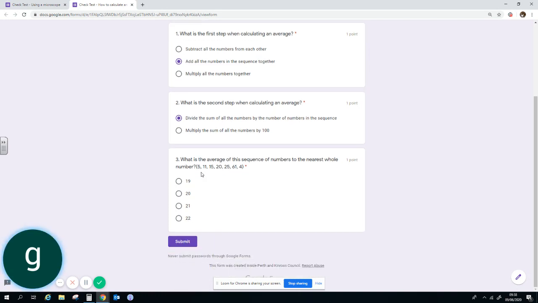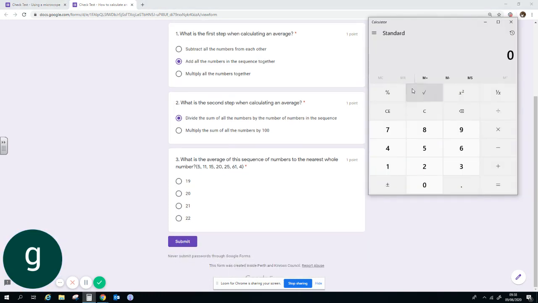So it then gives you an answer, and let's work this through. So it says you've got 5, 11, 15, 20, 25, 61, and 4. So 5, 11, 15, 20, 25, 61 and 4 gives you 141.